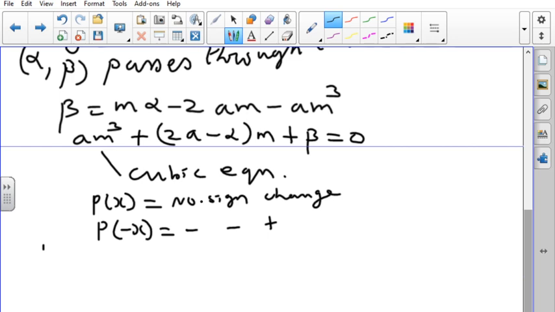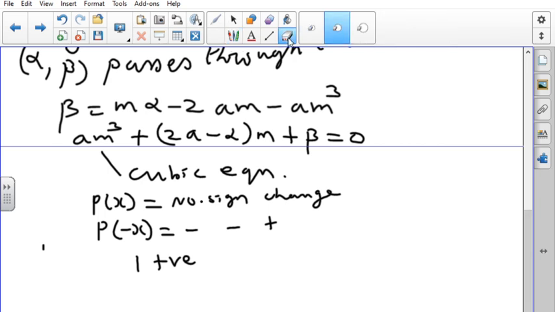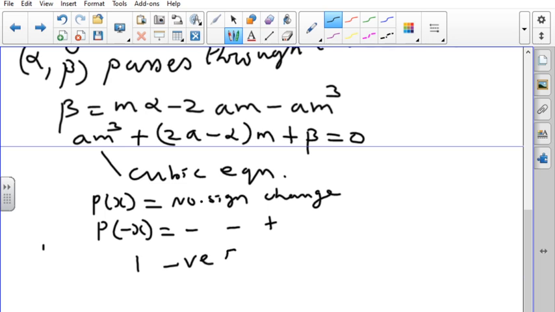Therefore there is only one sign change. Because there is one sign change, we will have one negative root, and this negative root will be real.